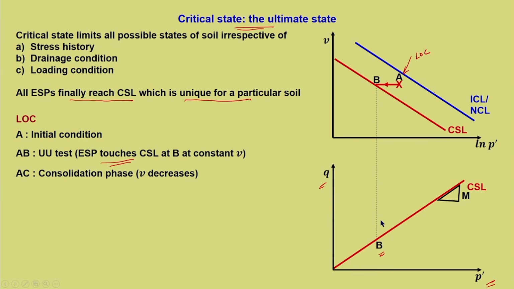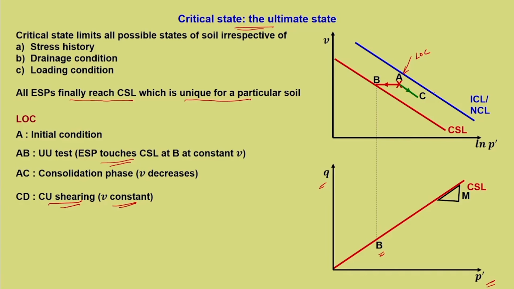AC, let us say we are consolidating it first before shearing. That consolidation phase means V reduces, and this is represented by AC. Now, we do not have to map this here because C is not a failure point. CD indicates consolidated undrained shearing, and V is constant.